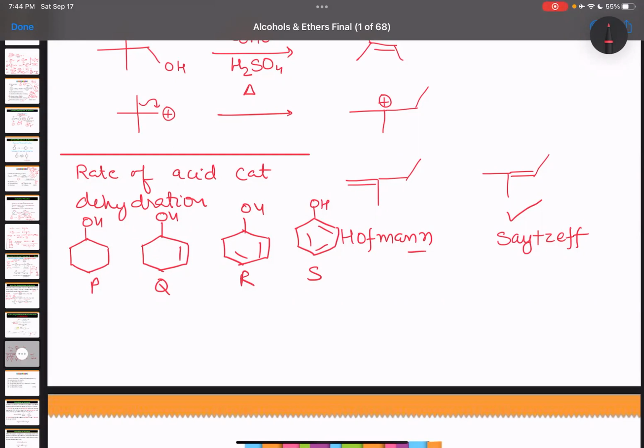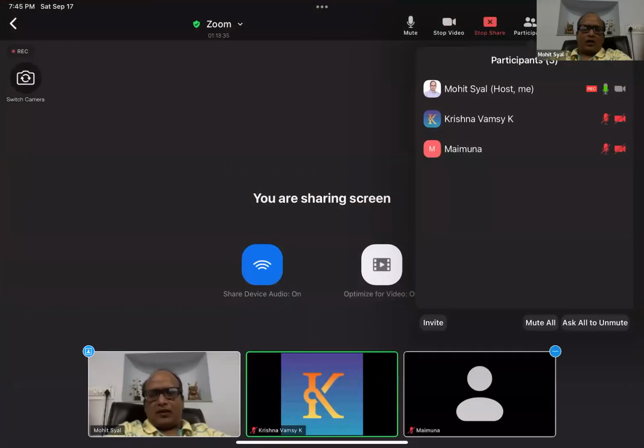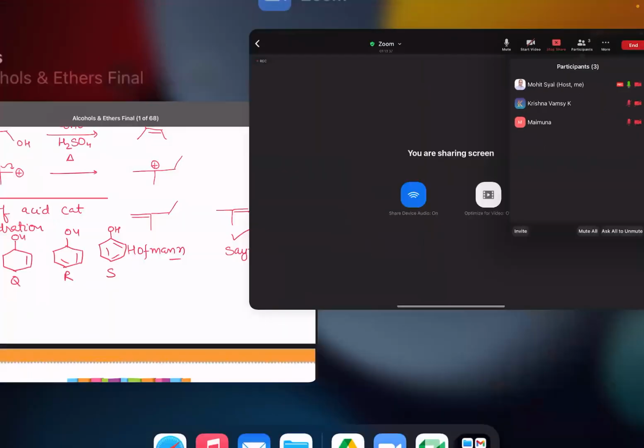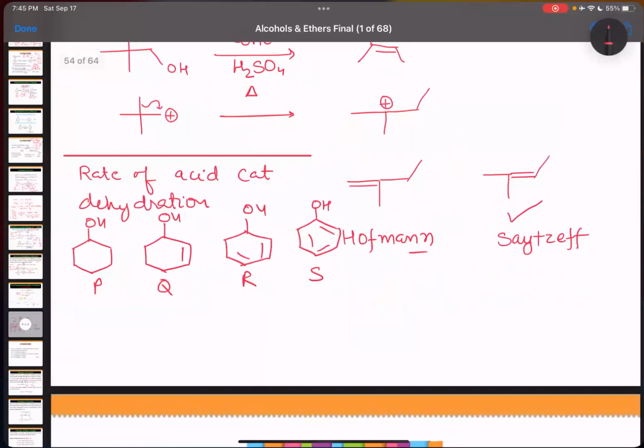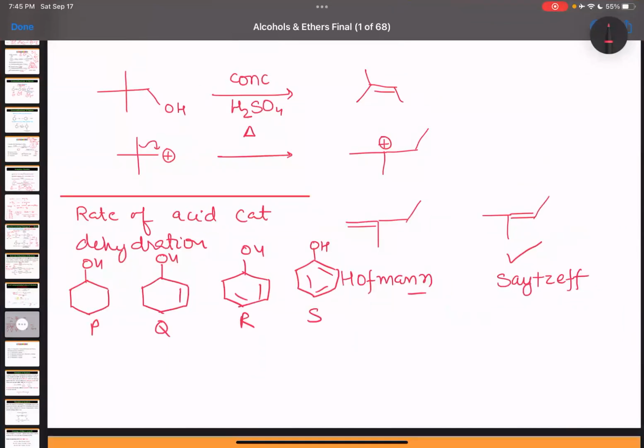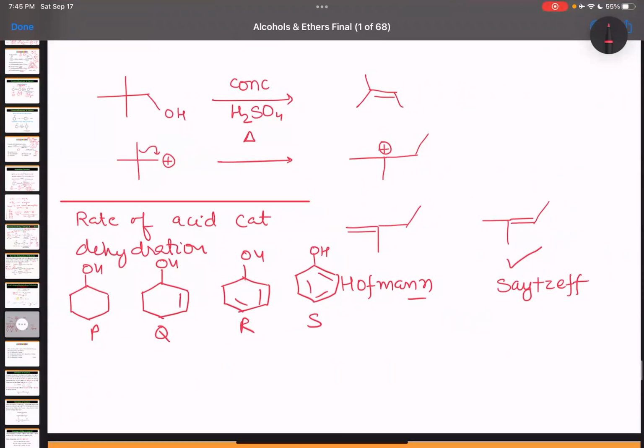What is the RDS, the main step? The main step is the removal of OH and the formation of a cation. And if the cation is very stable, definitely it is going to form very quickly.